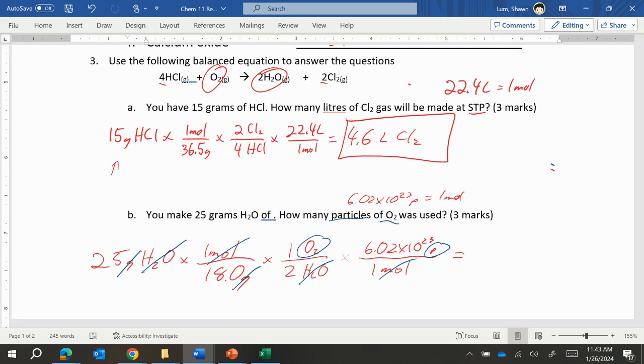And anyways, 25 divided by 18 divided by 2 times 6.02 times 10 to the 23 equals, 2 sig figs is my lowest number I have, so my answer will be in 2 sig figs. I have 4.18, which will go to 4.2 times 10 to the 23 particles of oxygen gas.